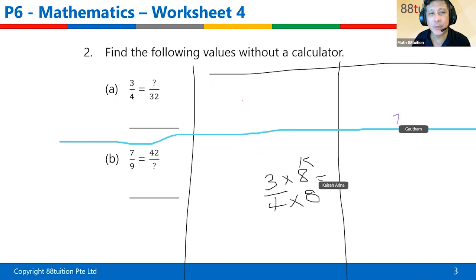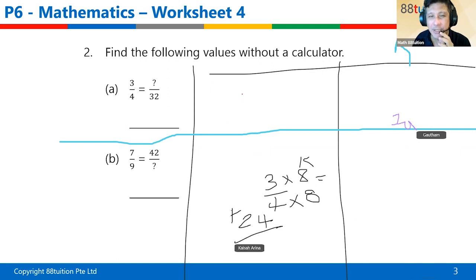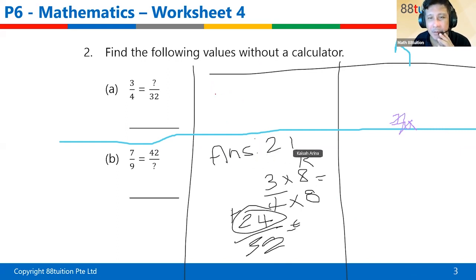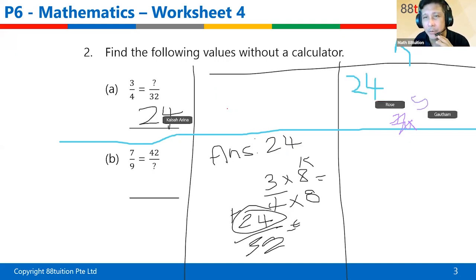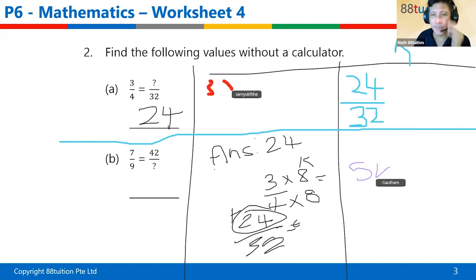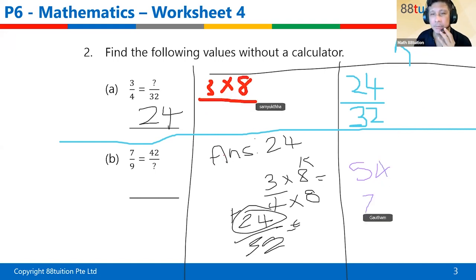Okay, everyone who's participating, let's get your A first. So we will all be on the right track. Just do A first, okay? B in a while. Let's just look at A. Okay, Kaiser says that's the answer. What about Rose? Okay, Rose is giving the answer as well. What about Gautam? Gautam, you're answering as well, right? I don't see your answer. Samilta is writing now. Gautam, we're doing A. Just do A first.